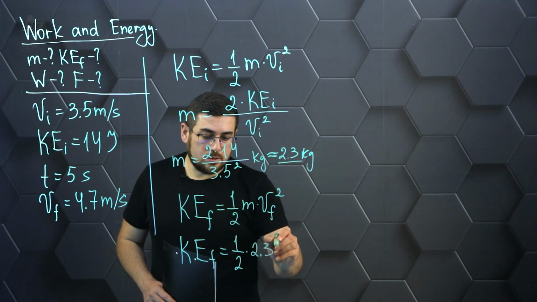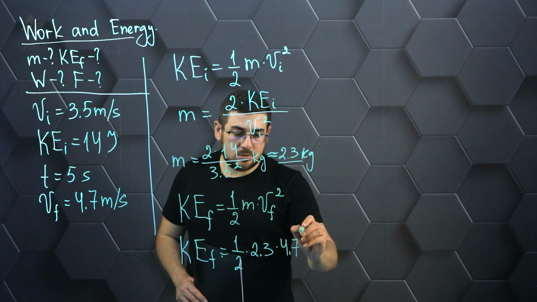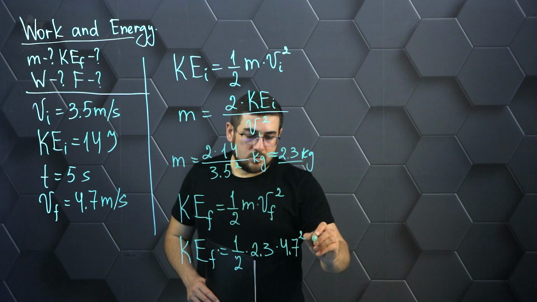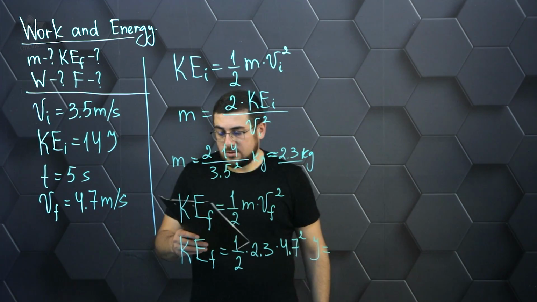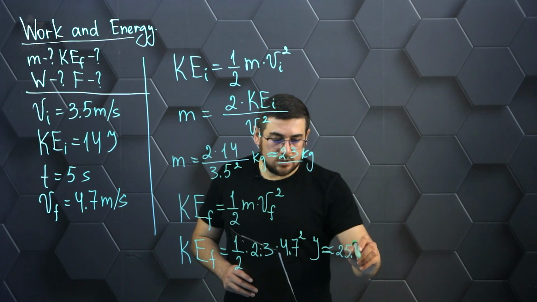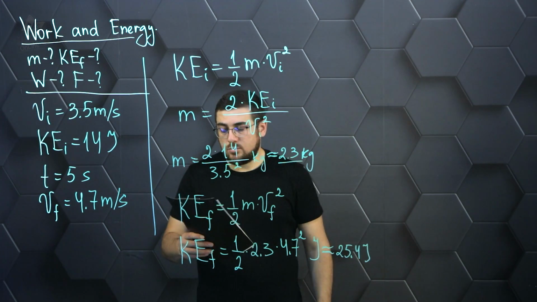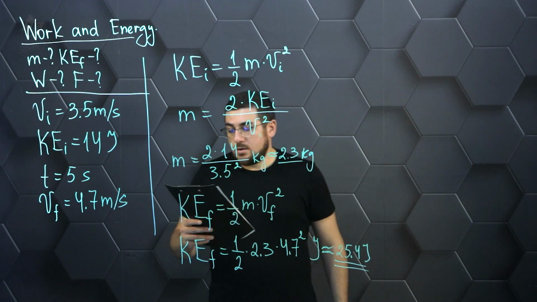So mass is 2.3 and velocity is 4.7 squared. In this case, the unit is the joule, because we've substituted all the data in the SI system, and we get an approximate answer, 25.4 joules. That would be the value of the final kinetic energy.